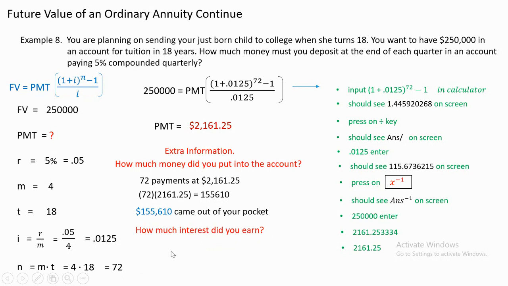So then how much money did you make in interest? We subtract the total that came out of your pocket from the 250,000. So 94,390 you got from interest. So this is how much money you earned, which is not bad at all, guys.